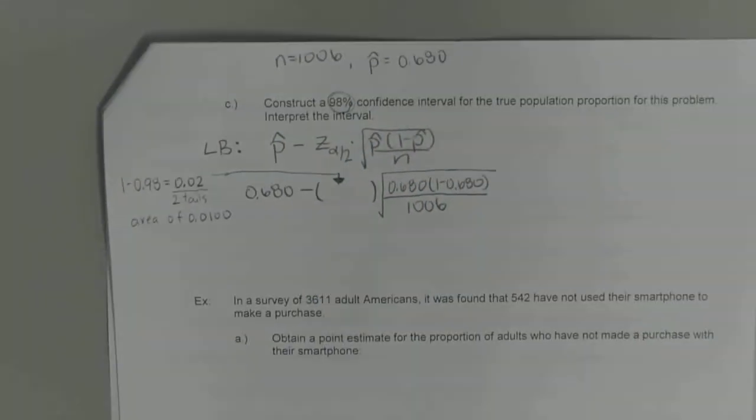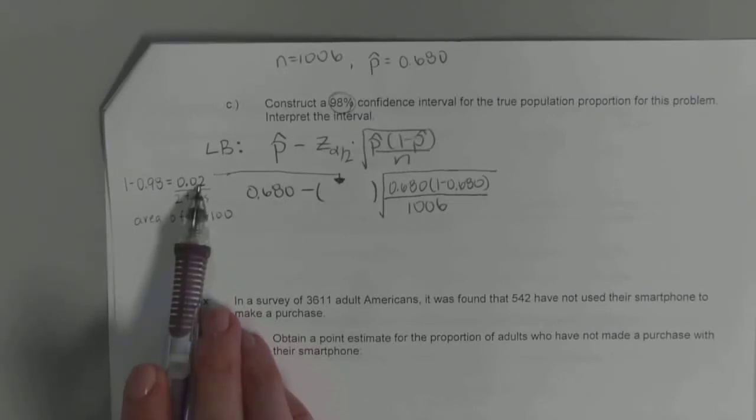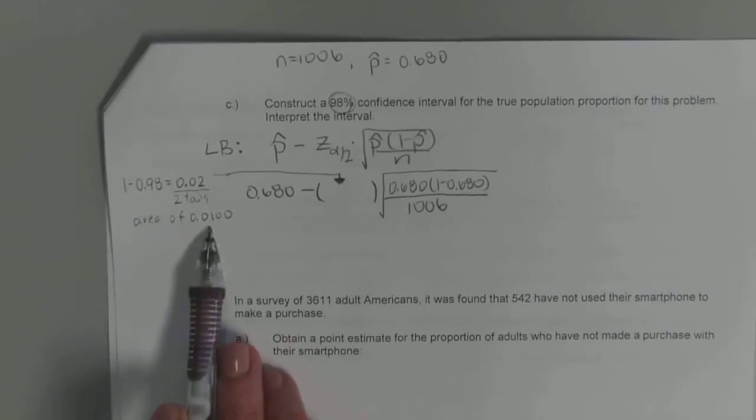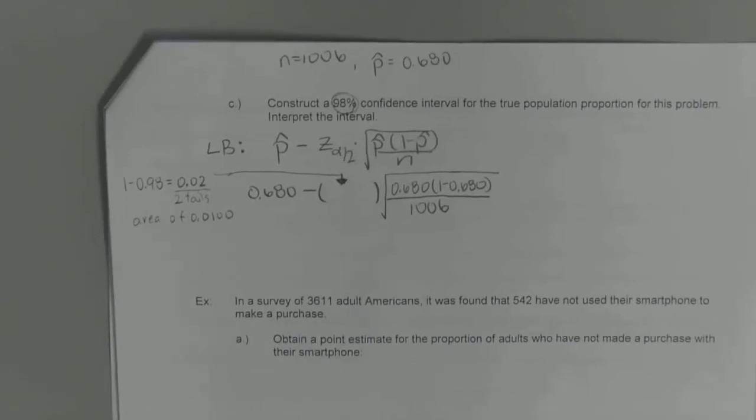Sorry, it's like a footnote. Where is this number coming from? That number is coming from our confidence. Since we were 98% confident, that means we had 2% of error in our tails, but we have 2 tails total, all right? So we divide by 2 to find how much area is in one tail. Now go look on your chart just like we did in chapter 7 to see how close you can find a 0.01.